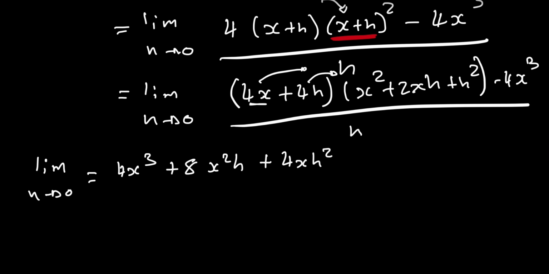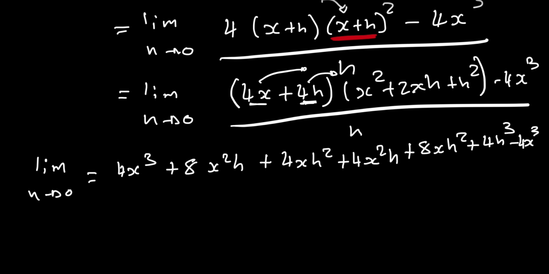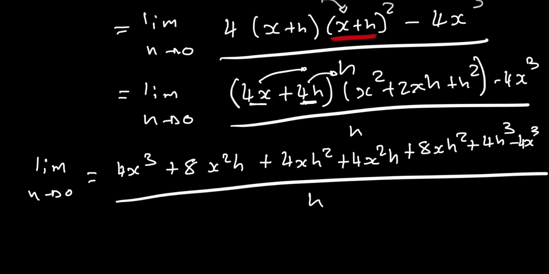Now we are done with the 4x, so you use the 4h. 4h multiplied by x squared is 4x squared h. Then 4h multiplied by 2xh is plus 8xh squared. And 4h multiplied by h squared is plus 4h cubed. And then you still have minus 4x cubed, all divided by h.